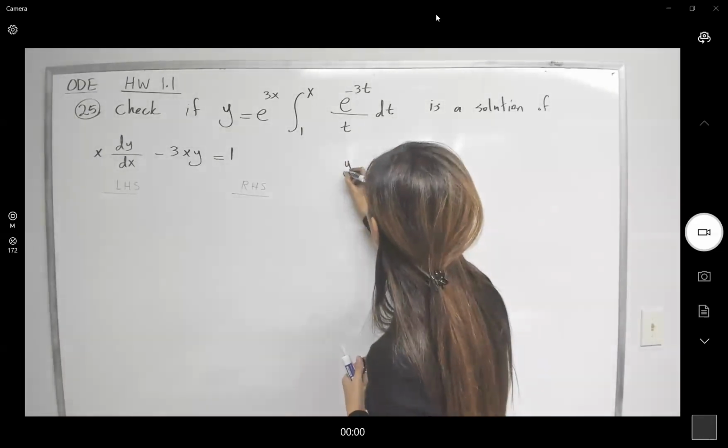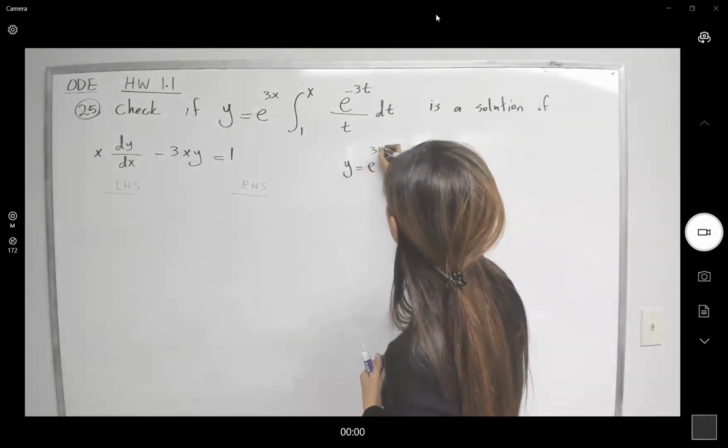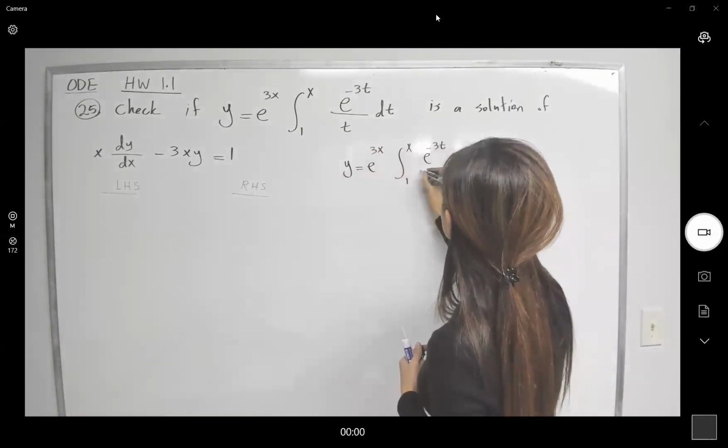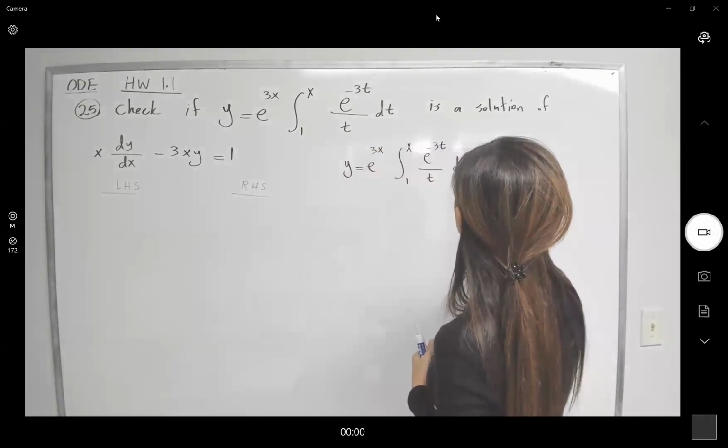So y is equal to e to 3x times the integral of e to negative 3t divided by t dt.